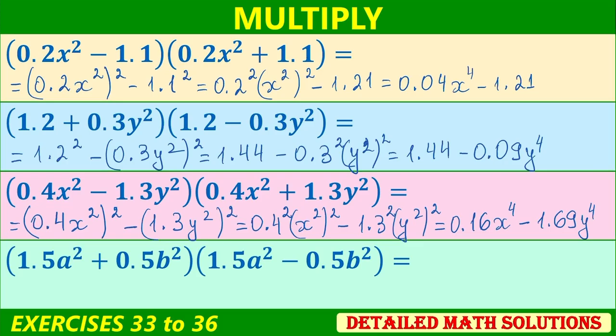Next exercise. Multiply (1.5a squared plus 0.5b squared) and (1.5a squared minus 0.5b squared).